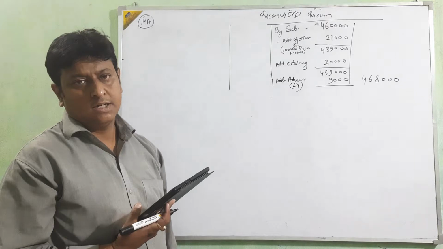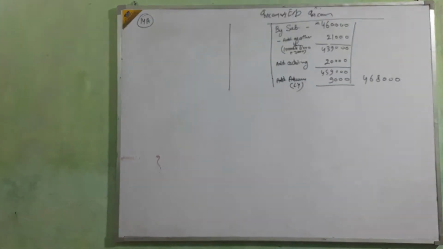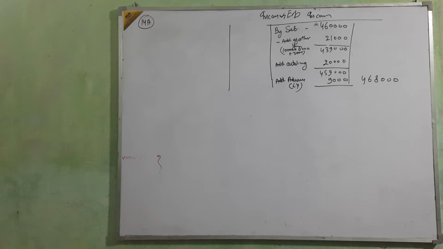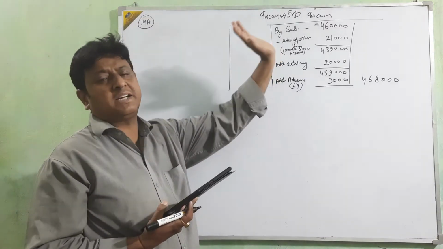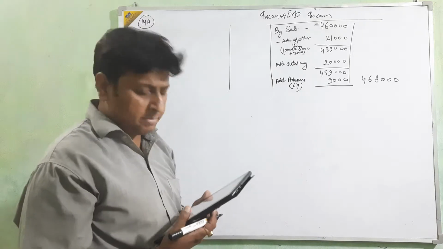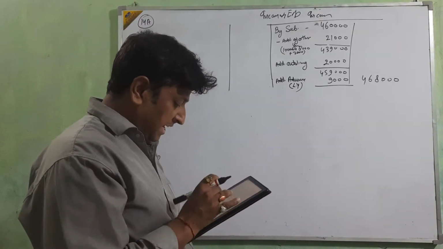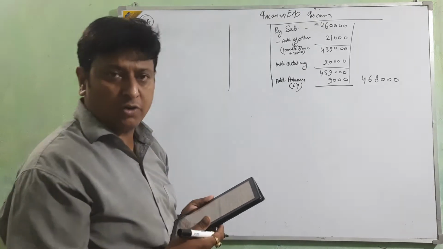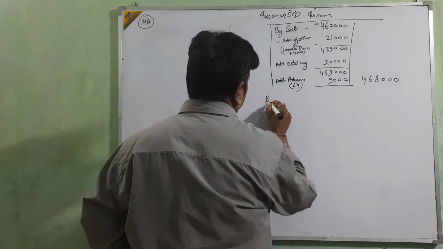Clear? Clear or not? It's clear, beta. I think it's well clear. We are only showing it here, beta. We are not going to balance them. Only showing it in the income and expenditure account. Then the balance sheet is given in the book, but I am going to make the balance sheet so that you are well clear about the adjustments.